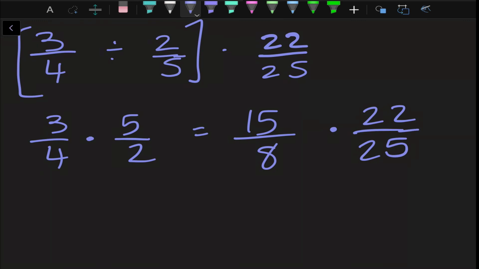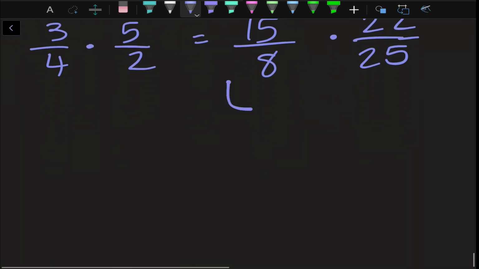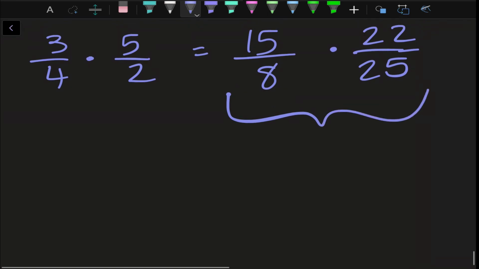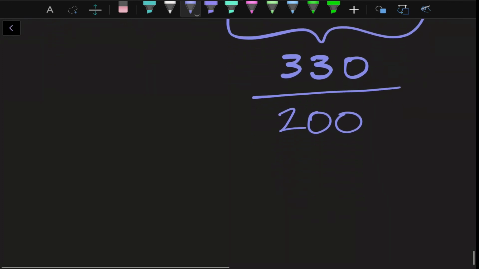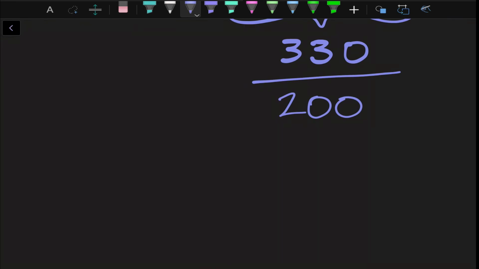And that'll actually end up giving me 15 times 22 is 330. 8 times 25 is 200. And that'll be my answer. Of course, we might want to change it to a mixed number, but this is a pretty big number to change to a mixed number.